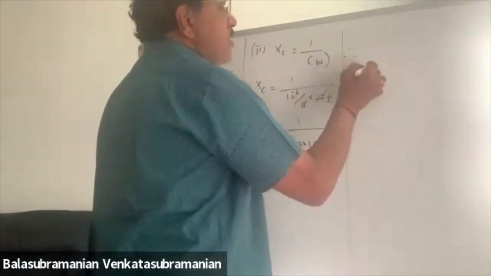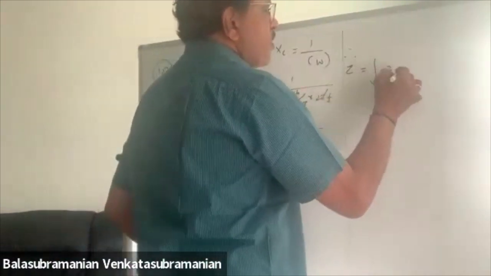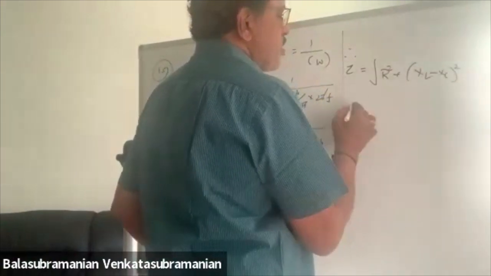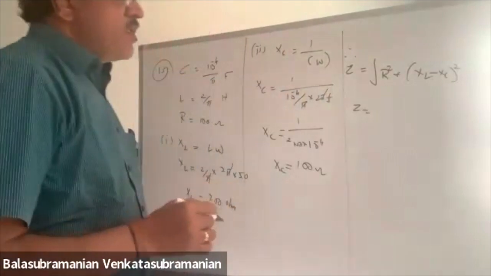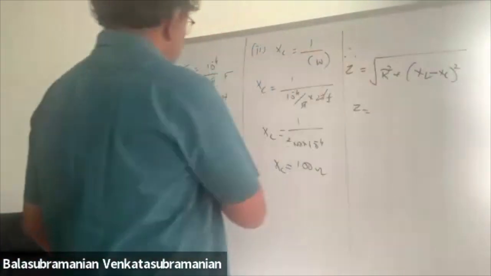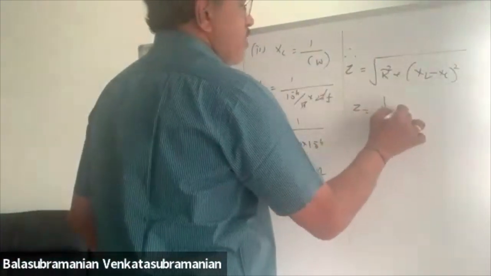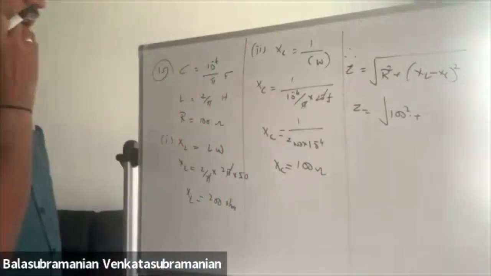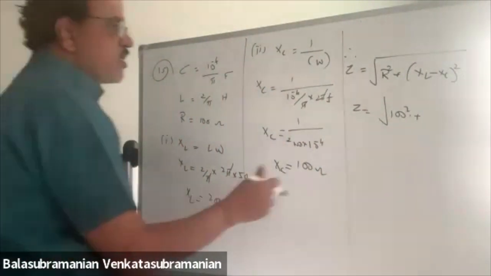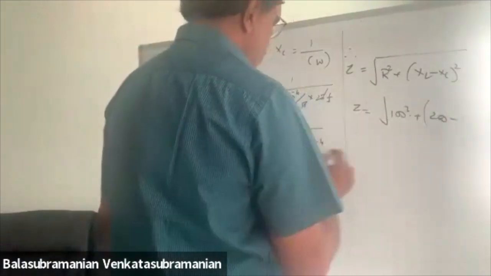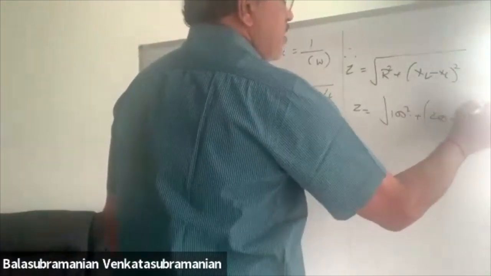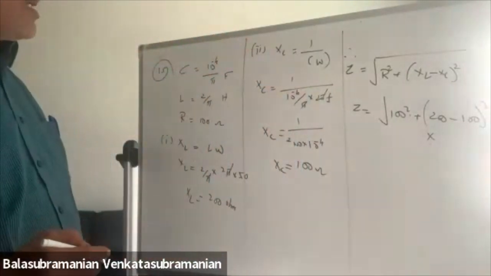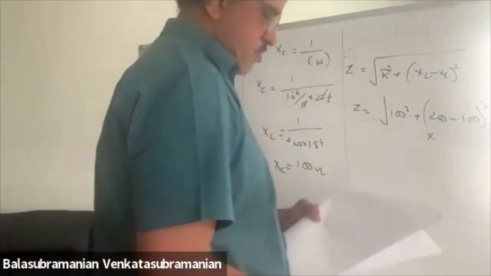Therefore, Z is equal to root of R square plus XL minus XC the whole square. What is R value? 100 ohms plus XL minus XC, XL is 200, XC is 100. The whole square.